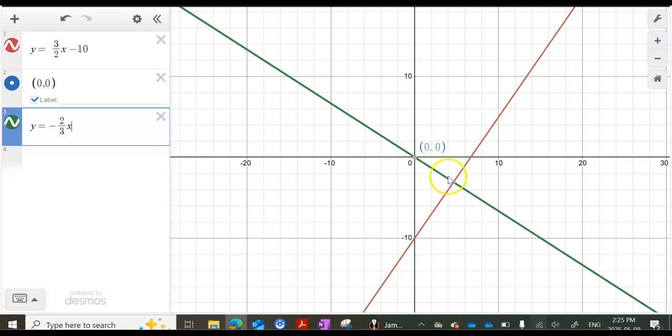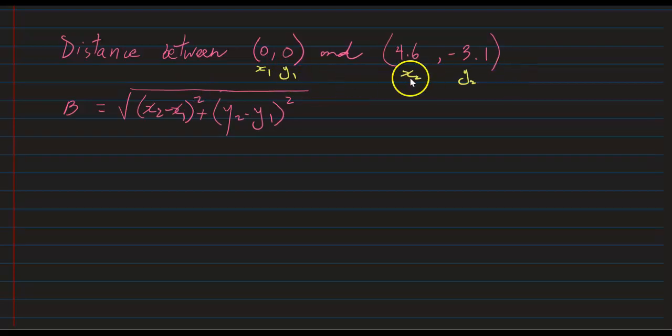All right, now that we have the point of intersection and the origin, and we know that this line is perpendicular, meaning they intersect at 90 degrees, we're now going to use the distance formula or the Pythagorean theorem. Basically, that's what it is. The distance formula is the Pythagorean theorem, used to come up with the distance between the origin and the point of intersection of the two lines. Okay, let's do that. I have the points written, and I have labeled each of them.